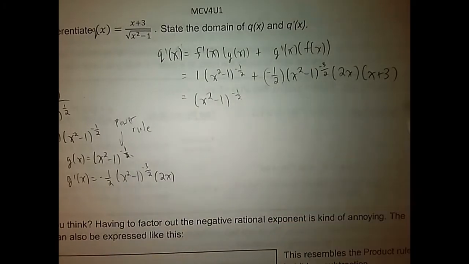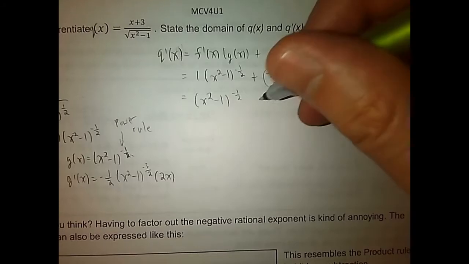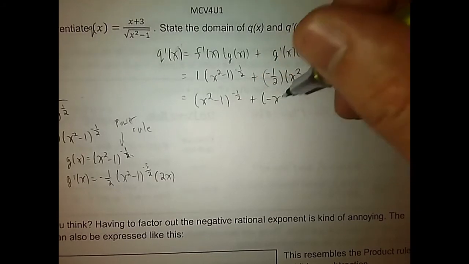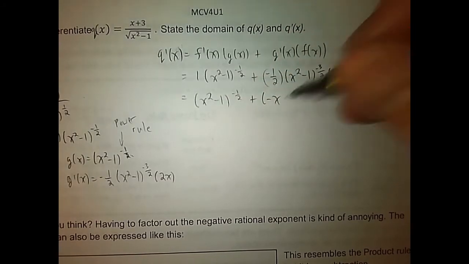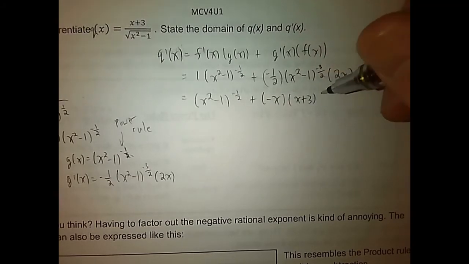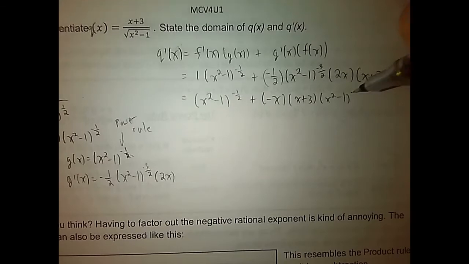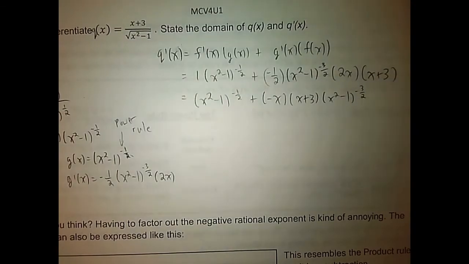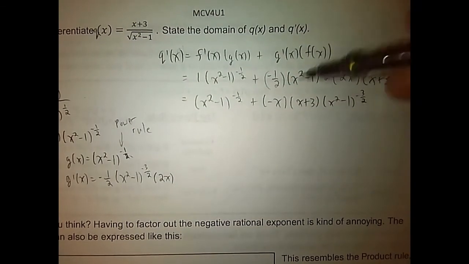Well, I could just multiply these. We're going to get negative 1x, or negative x, times x plus 3, and then x squared minus 1 to the power of negative 3 over 2. So just cleaned up some of it, pretty much these two.